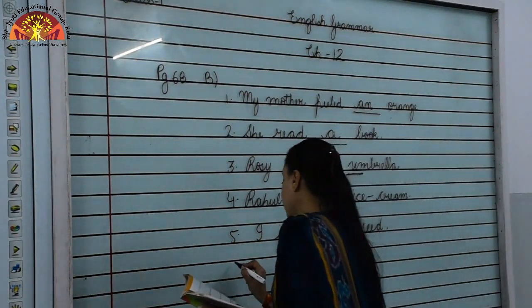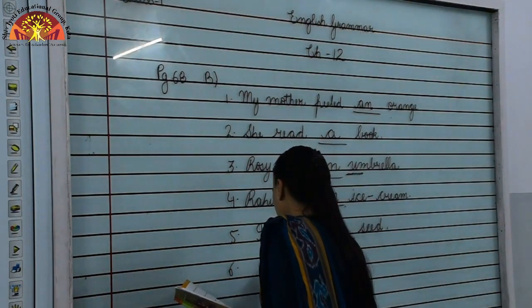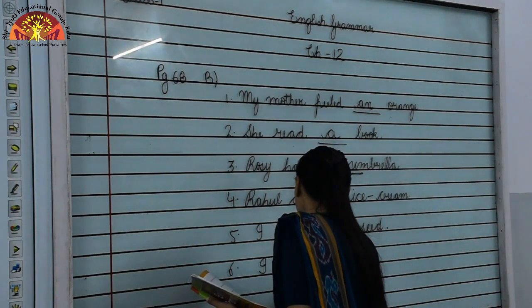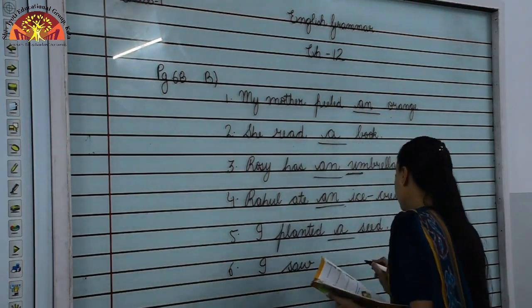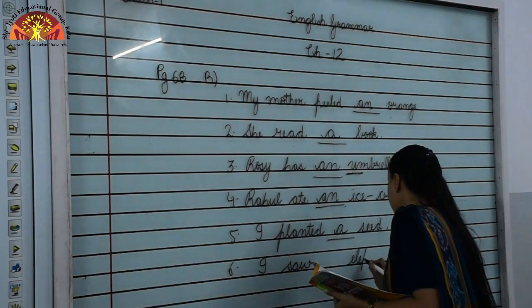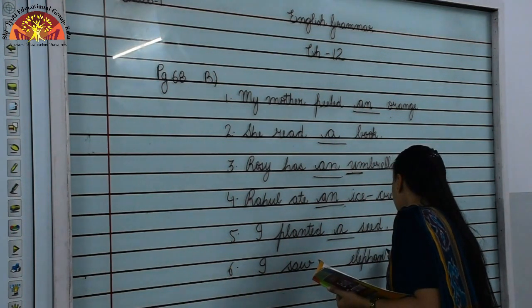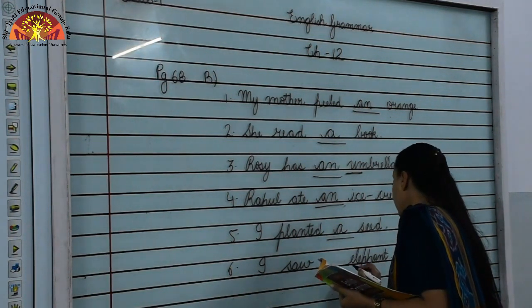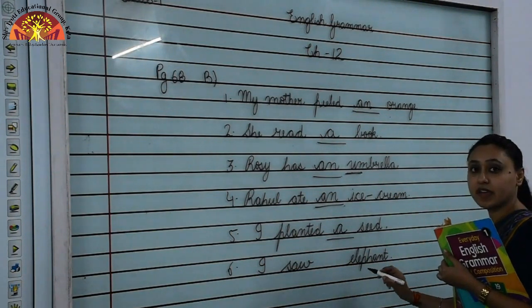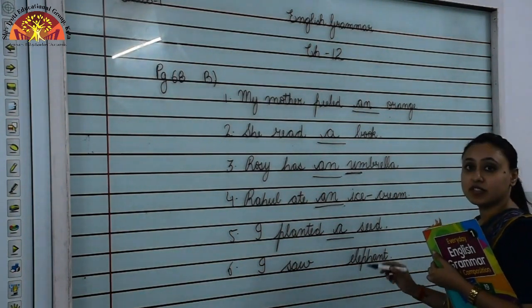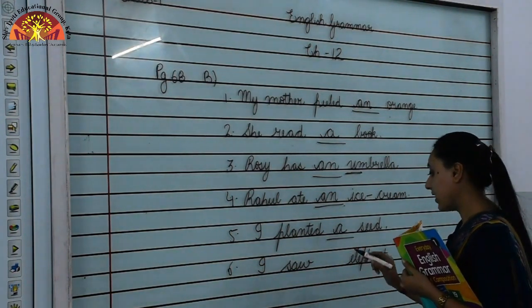Okay. Now, number 6, I saw dash elephant. Children, elephant is a vowel sound word. Check the first letter of every word that you have to add a or n before.